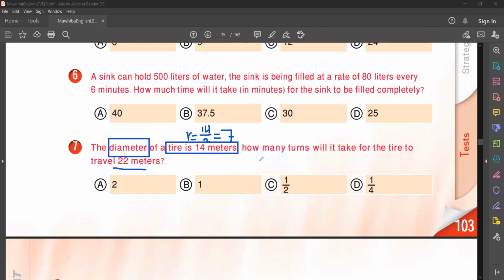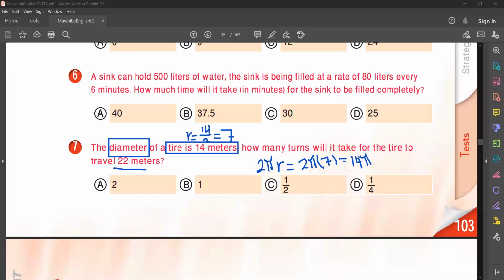It is 2 pi r, with r equal to 7. So you multiply 2 times 7, it is 14 pi. So we find the circumference of the circle.